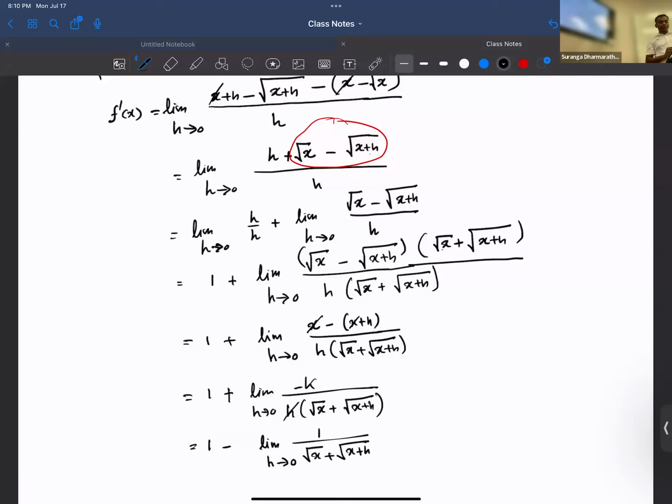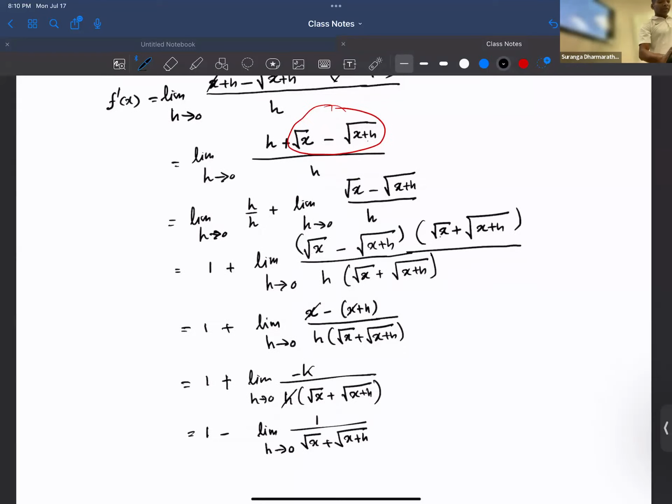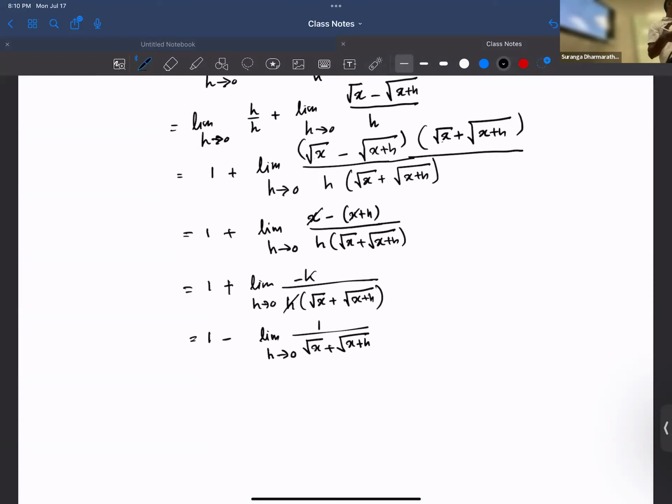Now what's happening? Now I can use the limit laws, right? Summation law, quotient law, and power law, or square root law, or whatever laws I need.